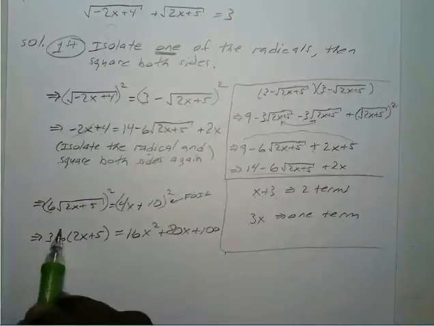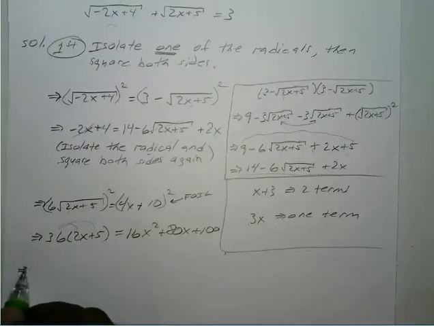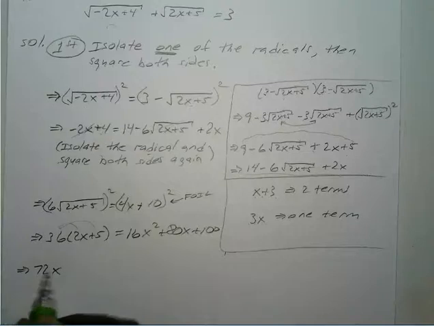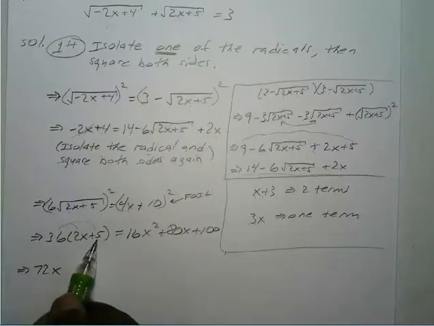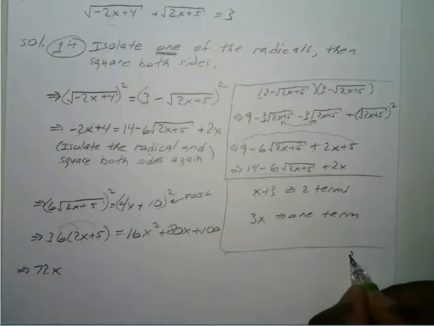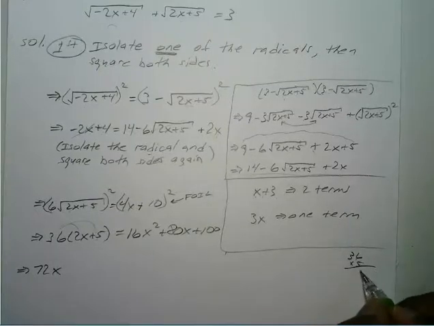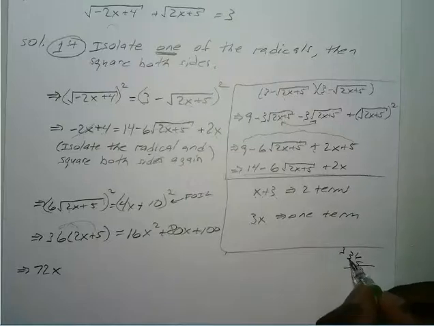All right, so if we go ahead and distribute that 36 times 2x, we would get 72x, and 36 times 5, let me make sure. 5 times 6 is 30.